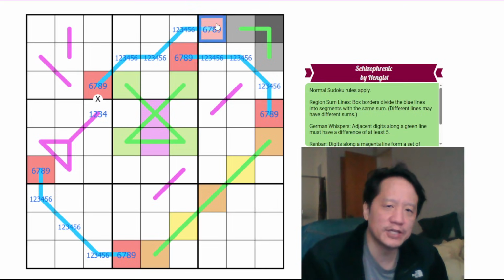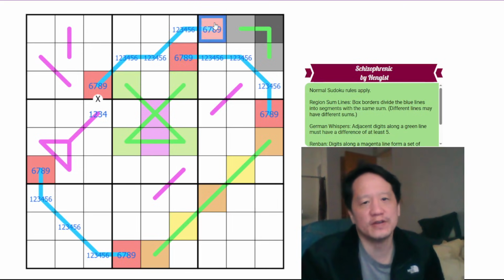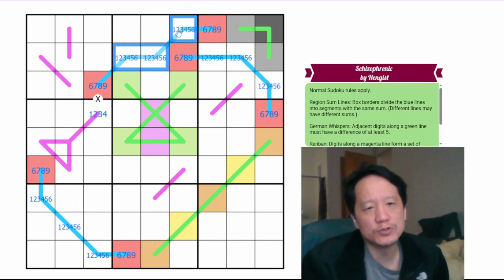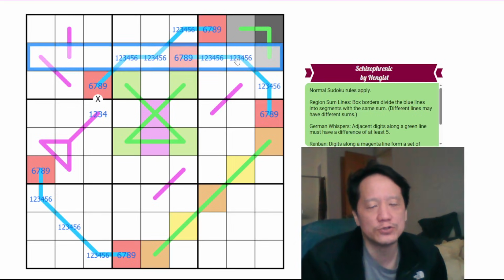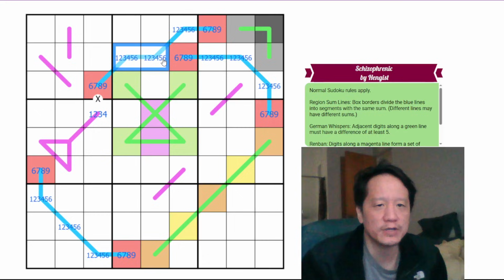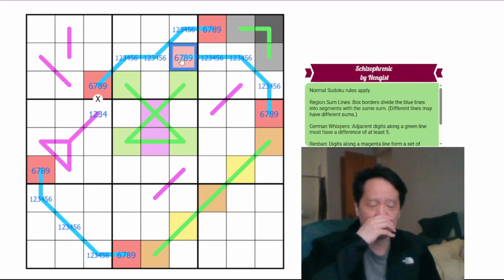And if we had them add up to 6 or 7, these would have to be 1, 2, or 3 if it's 6. And that doesn't work because we'd have 4 unique digits in row 2 having to be 1, 2, and 3, which is not allowed. It's the same thing for 7.